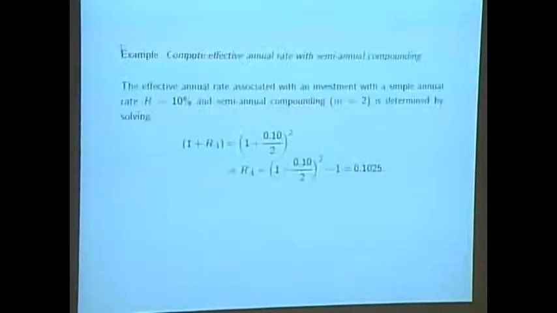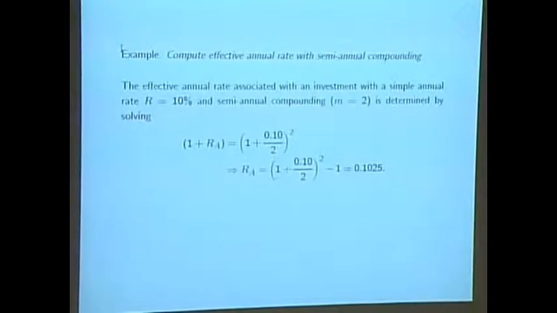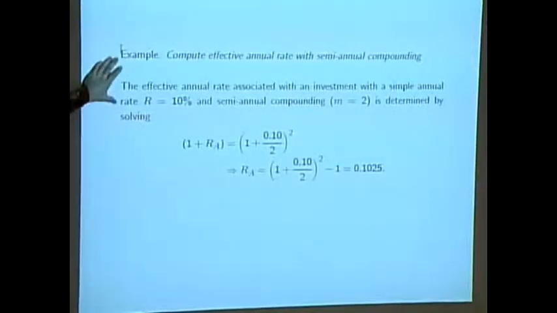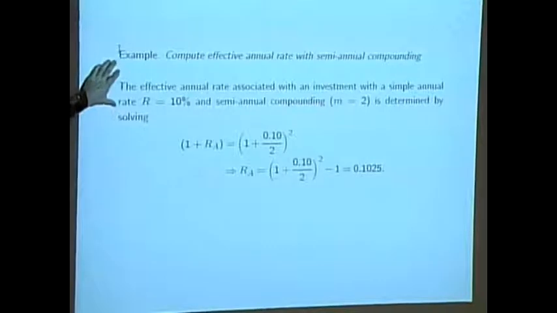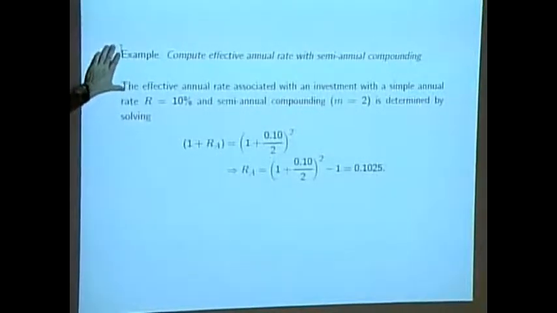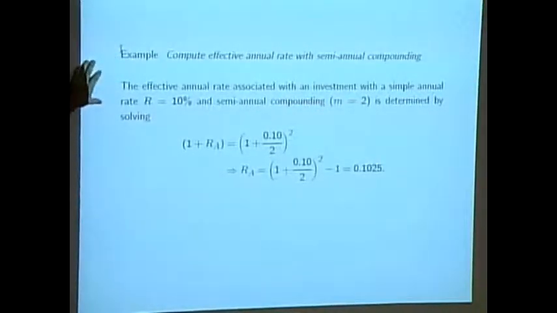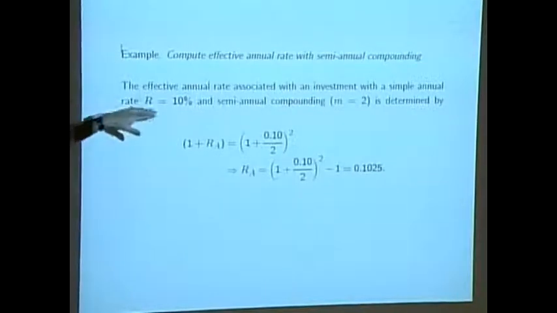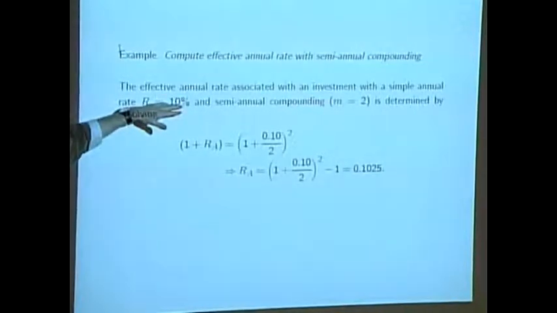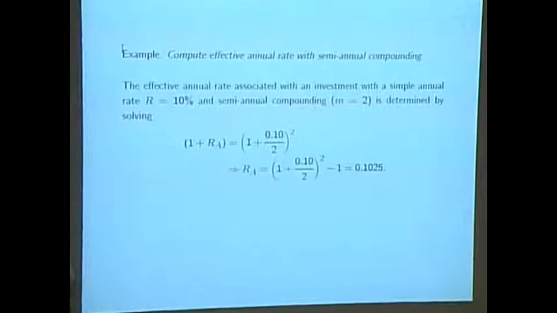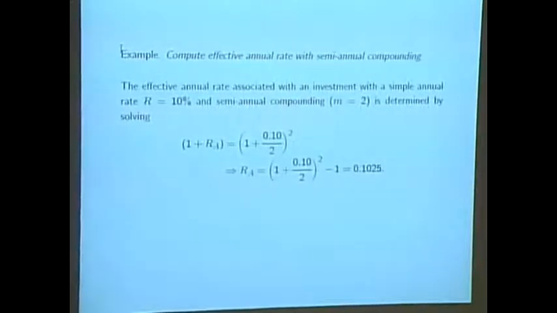So let's do some computations. Suppose we look at an effective annual rate with semi-annual compounding. We have an investment with a simple annual interest rate of 10%, but interest gets compounded twice per year. What's the effective annual rate on that investment?